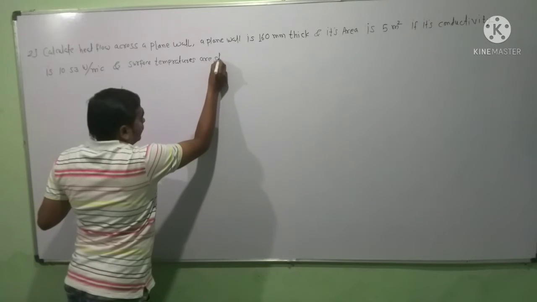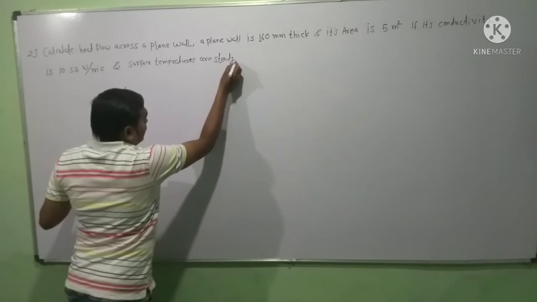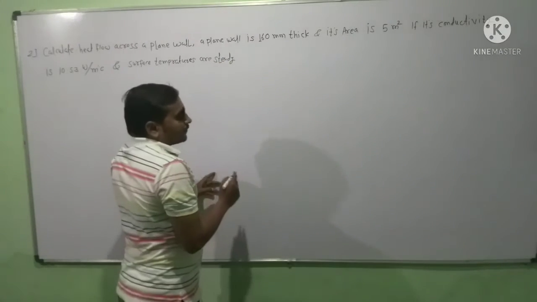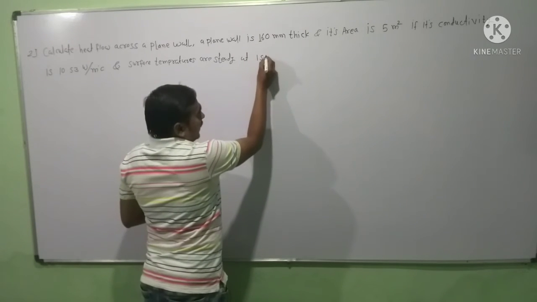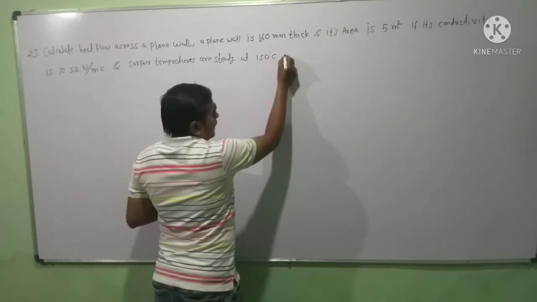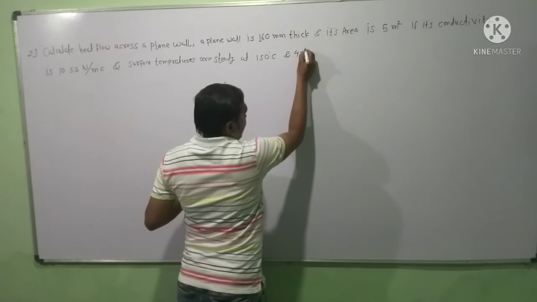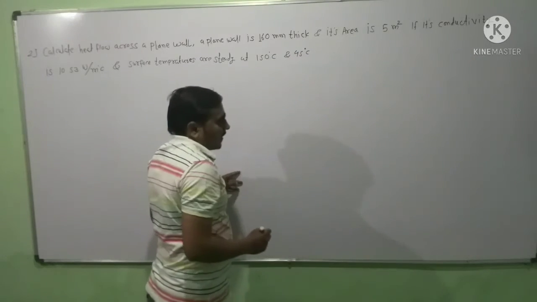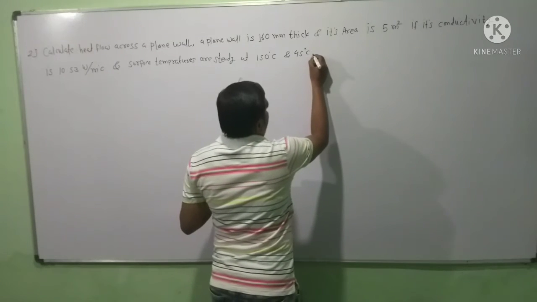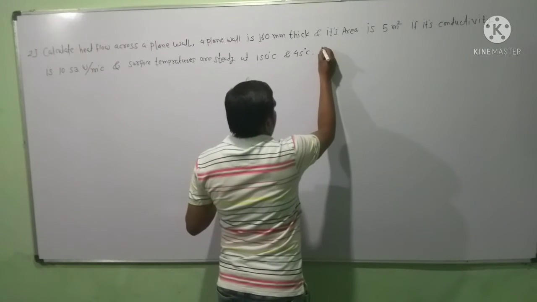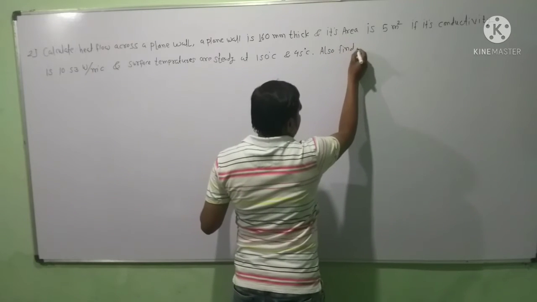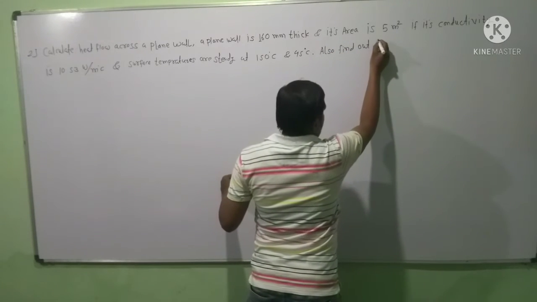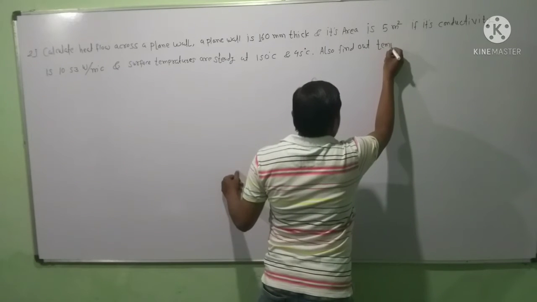Steady state condition, steady at 150 degree Celsius and 45 degree Celsius. These are the given condition. Also find out temperature gradient.